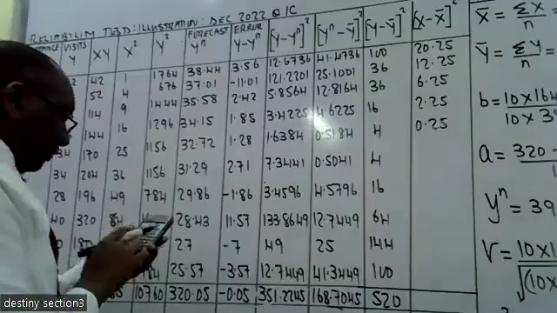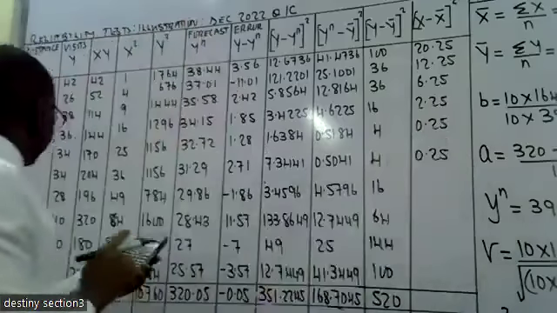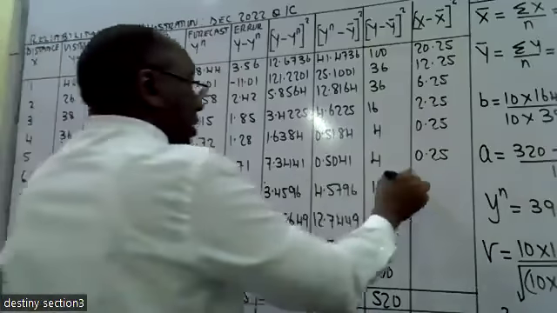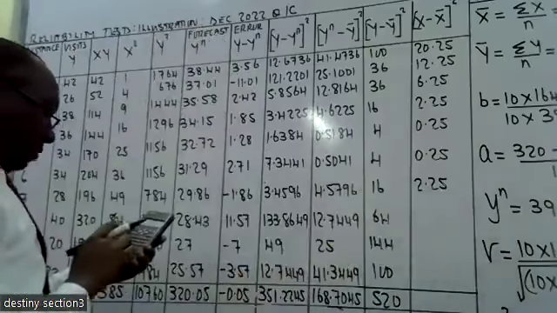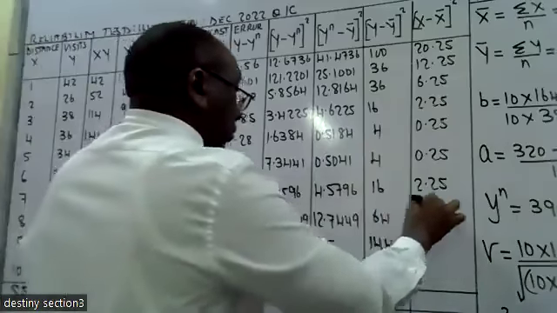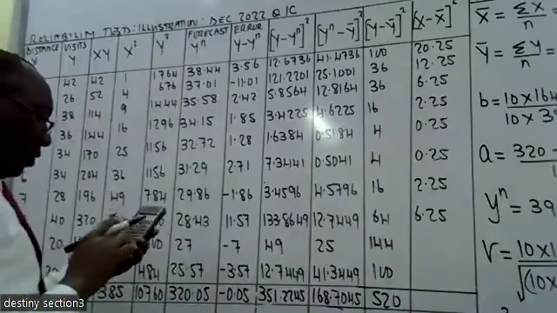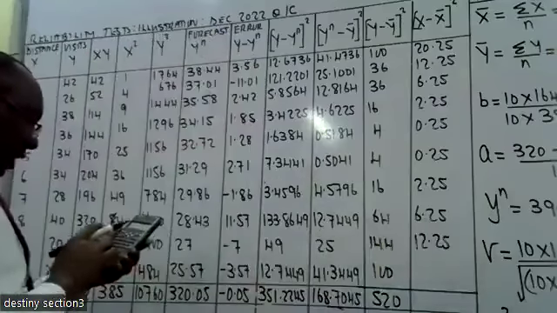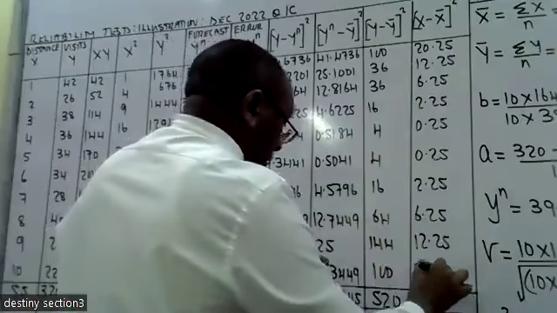6 minus 5.5, squared, is 0.25. 7 minus 5.5, squared, is 2.25. 8 minus 5.5, squared, is 6.25. 9 minus 5.5, squared, is 12.25. 10 minus 5.5, squared, is 20.25.